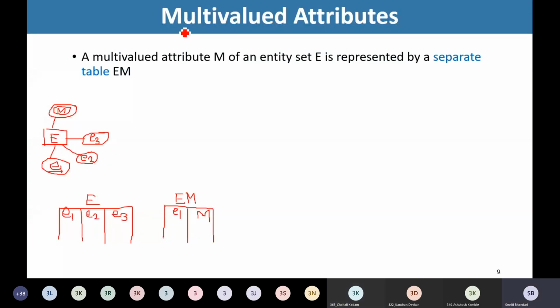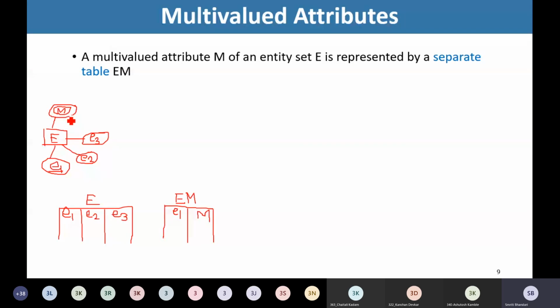Fine. So what we did, we had one entity set E. We are having a few attributes E1, E2, E3. E1 is the primary key and M is the multi-valued attribute for this E. So if I want to convert it into tabular form, for this entity set E, I will have a separate table E, having my primary key E1 and the rest of the attributes, whatever they may be.